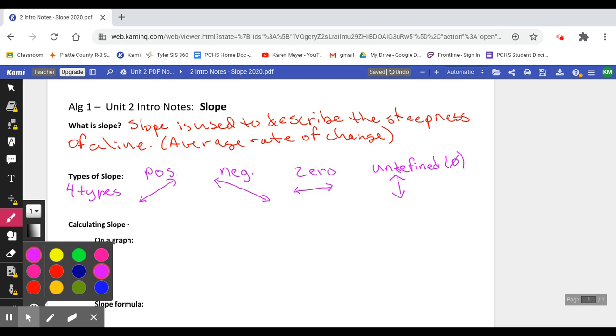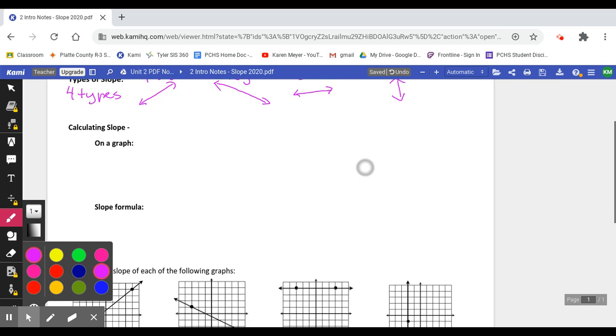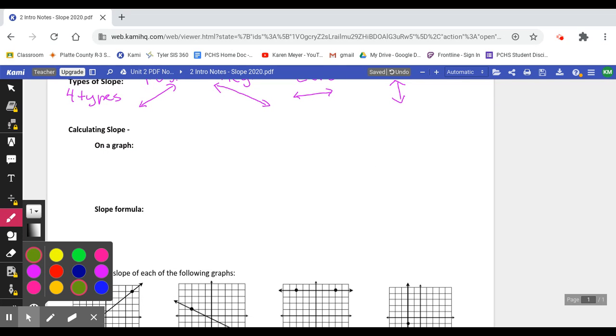Now, how do we calculate slope? If we're talking about on a graph, the first thing you want to do is draw a triangle between 2 points that are on the line.